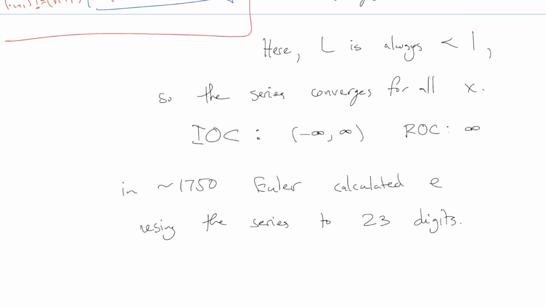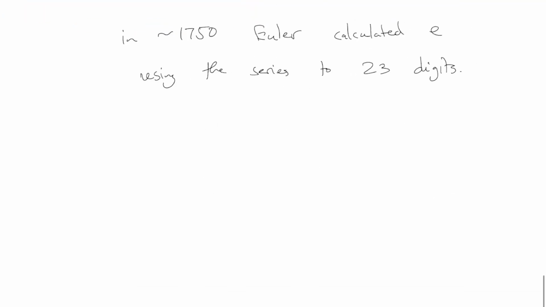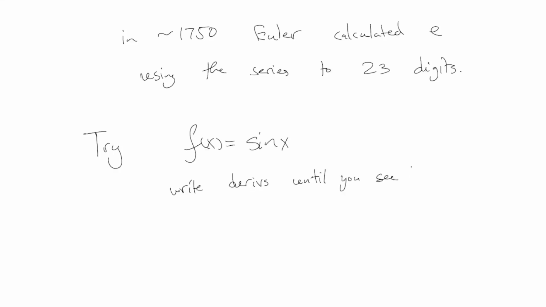All right, great. In our remaining time, I would like you all to try another function. Try f of x equals sine of x. Can you do it? Do the same business. Write out derivatives until you see a pattern. In the previous example, all the derivatives were the same.